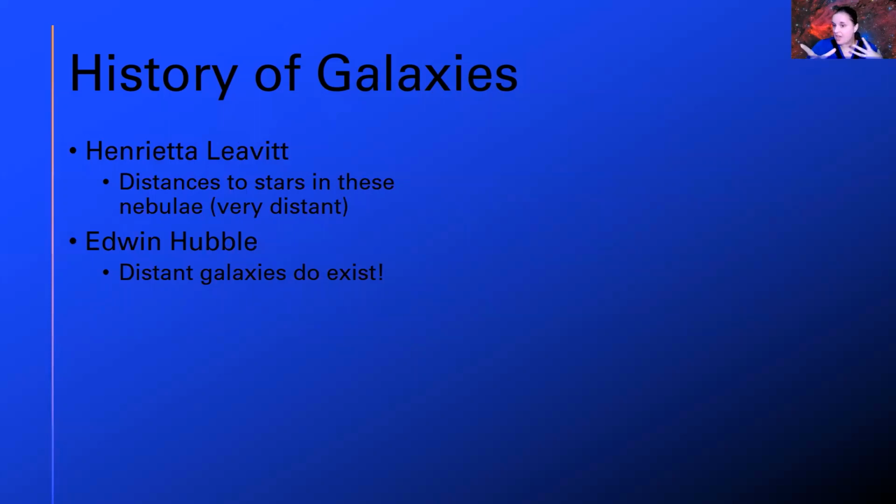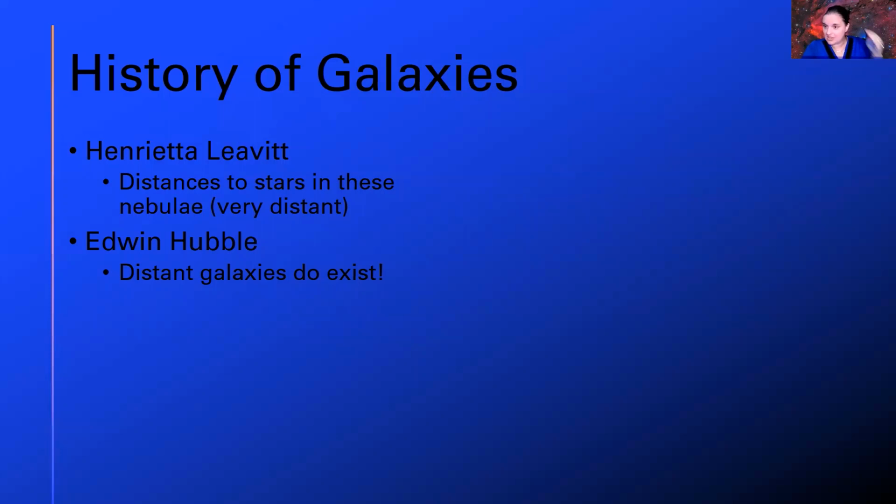And with her method, Edwin Hubble was able to use it on very distant galaxies because he was able to access a very powerful telescope at that time, which is Lowell Observatory in California. And from there, he was able to measure the distances to these spiral nebula and found out they were millions of light years away.